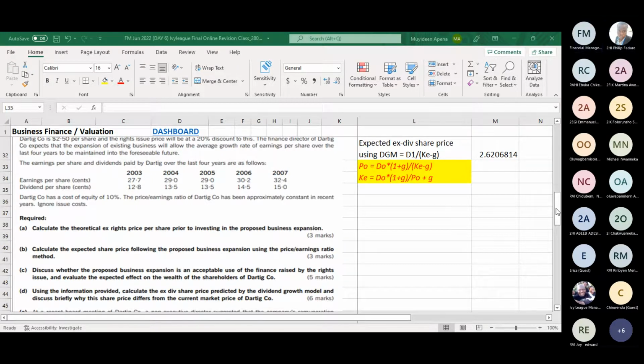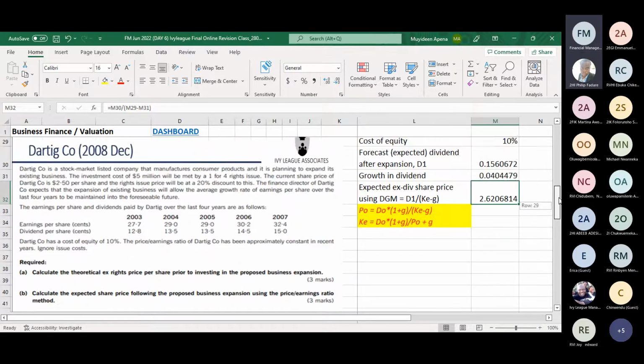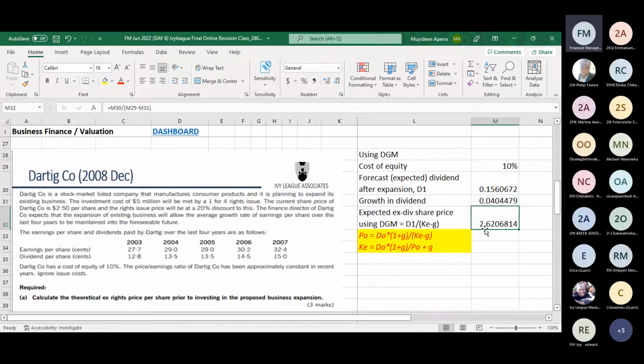Can someone tell us? You were saying something before, the reason for the change. Can you just repeat what you said? I'm saying, to respond to the question that says you should discuss briefly why this share price you have calculated is different from the current market price of Datico, you need to ask yourself, how did you get this 2.62?